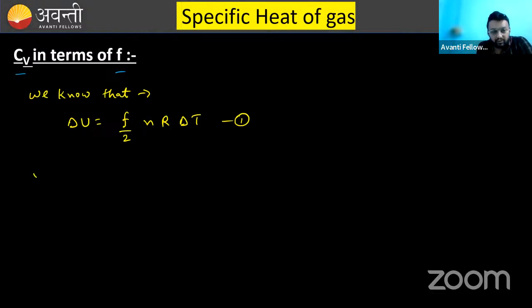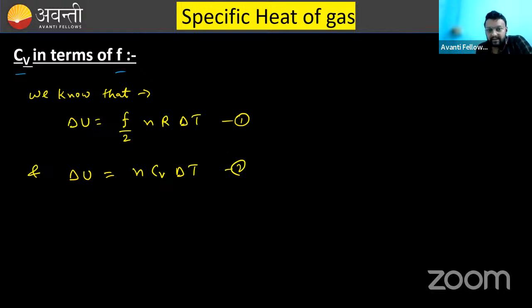And we also derived right away that delta U is equal to N Cv delta T. I think you know these terms. We have defined them earlier, right before one or two slides.